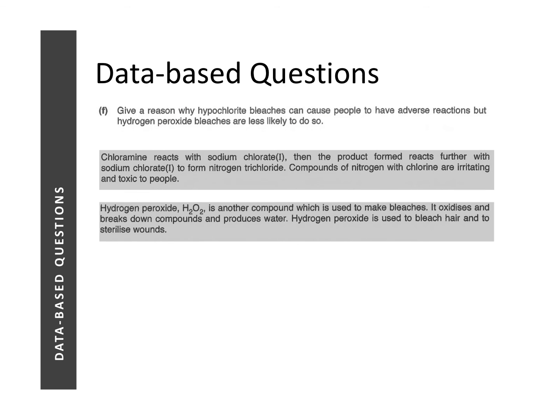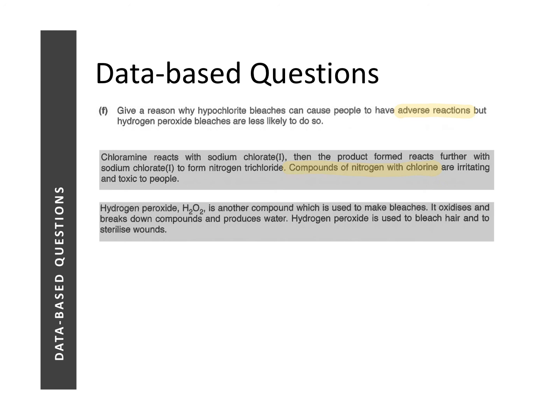In the last part of the question, they ask you a reason why hypochlorite bleaches cause people to have adverse reactions, but hydrogen peroxide bleaches are less likely to do so. So if you try to locate a part of the passage that talks about adverse reactions or being bad for humans, there's actually a part that talks about compounds of nitrogen with chlorine being irritating and toxic to people.